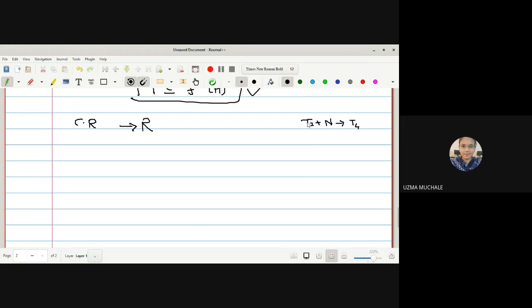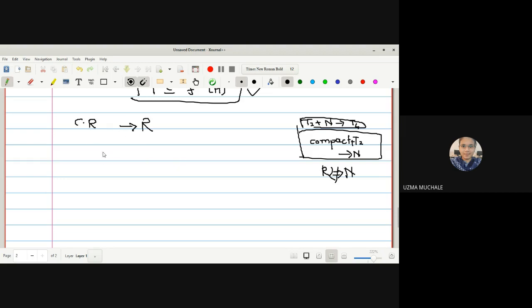Does anyone remember this? Compact plus T2 space is a normal space. Compact T2 space is a normal space and compact T2 space is a regular space. But regular does not imply normal, and normal does not imply regular. Just now we have proved every completely regular space is a regular space.